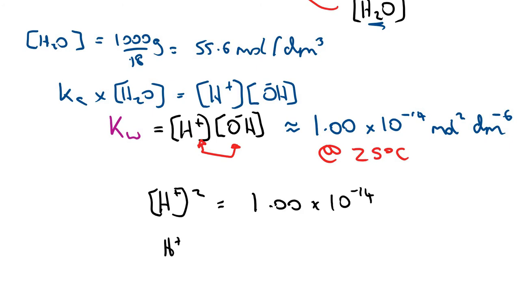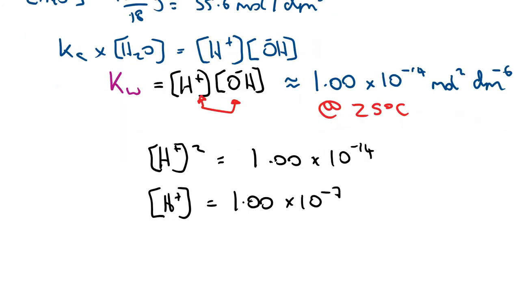So H plus concentration equals 1.00 times 10 to the minus 7 at 25 degrees. This is because in pure water we have equal amounts of H plus ions and OH minus ions. So for a neutral solution, the concentration of H plus ions is going to be equal to 1 times 10 to the minus 7. So remember, for all solutions, Kw is equal to the concentration of the hydrogen ions times the concentration of the hydroxide ions.